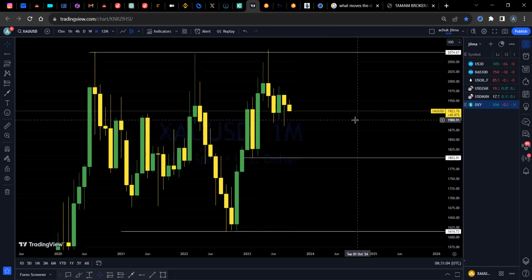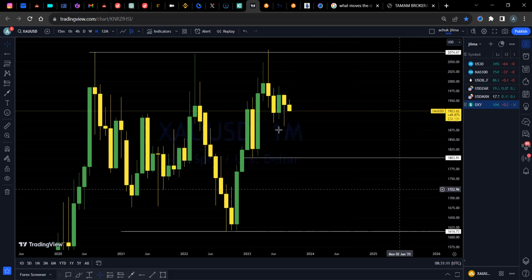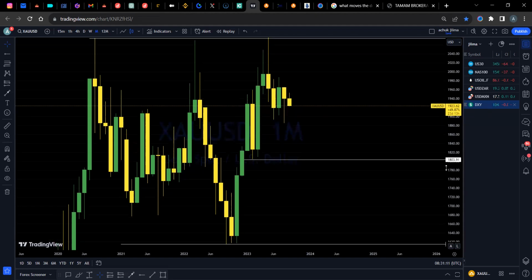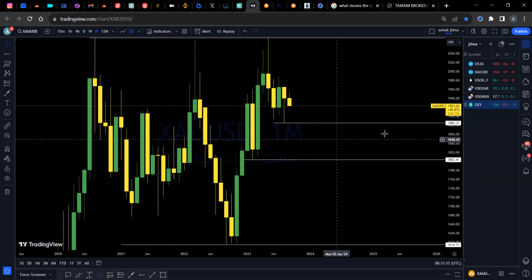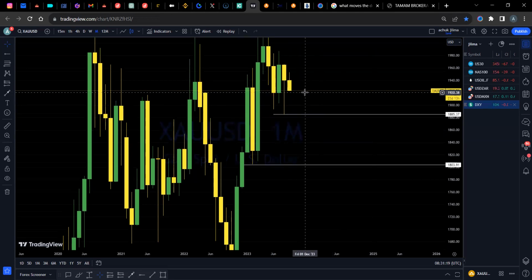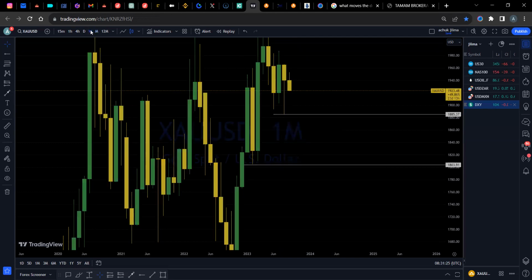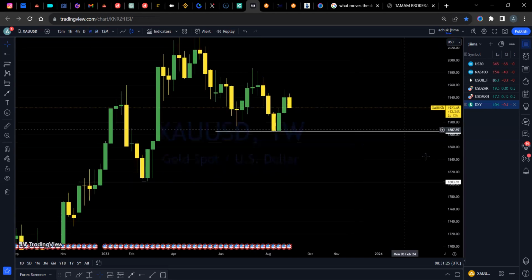If the economic situation does not change and things still seem to be calm, there's a possibility of gold coming back to 1,800 and possibly also to 1,885. This is where we shall be looking, because that is the previous monthly lows. So gold could actually come as low as there.